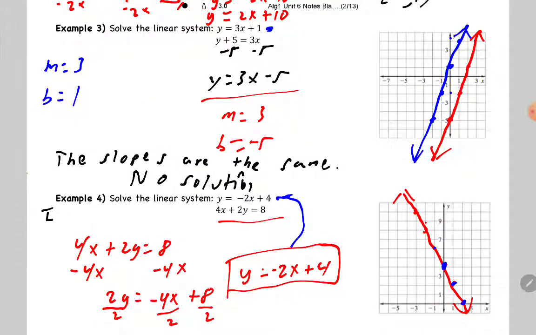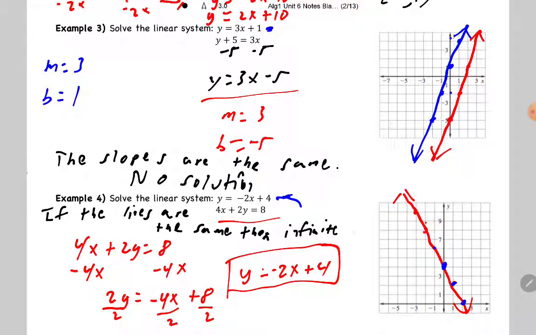So if the lines are the same, then there are infinite solutions.